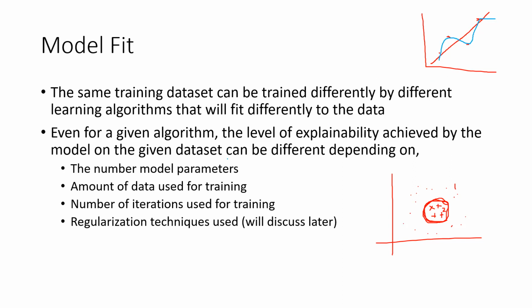So instead of using these two models, one using a certain algorithm and the other using another algorithm, how much the regression line or the classification hyperplane fits to your data can depend on several other factors as well.